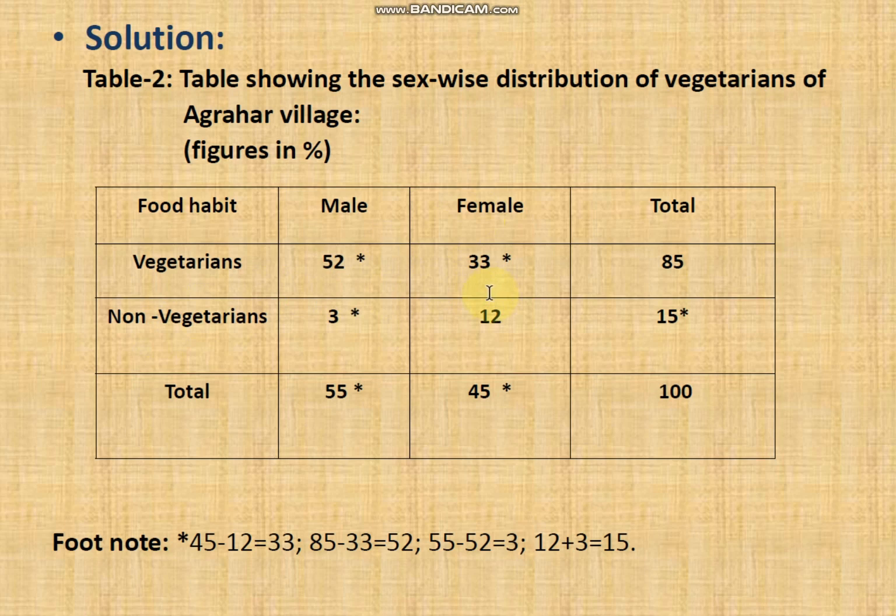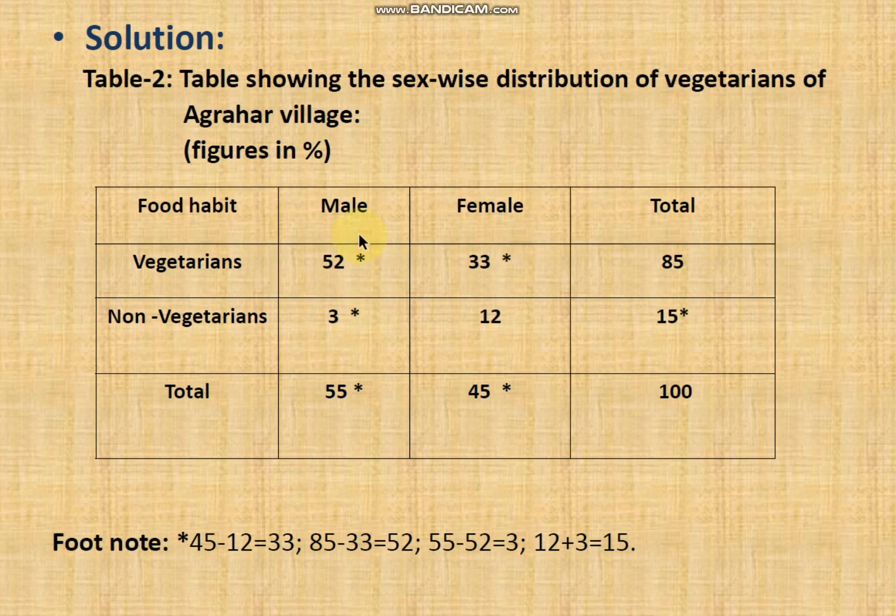Next, you had 85 here. So 85% of the total population of the village is vegetarians. This column gives you the total of vegetarians, and this row gives you the total of non-vegetarians. So out of 85, 33% of the females are vegetarians.